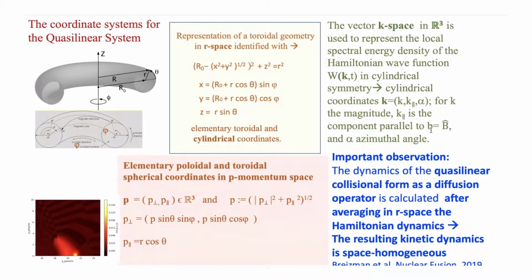So it would be B. Well, okay, here little b refers to the full field, the full magnetic field. It has poloidal and toroidal components as we described, and alpha is the azimuthal angle associated to the spectral space.